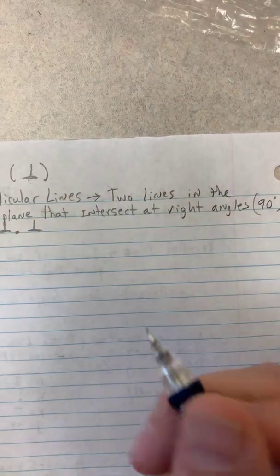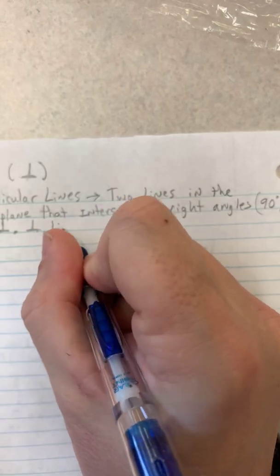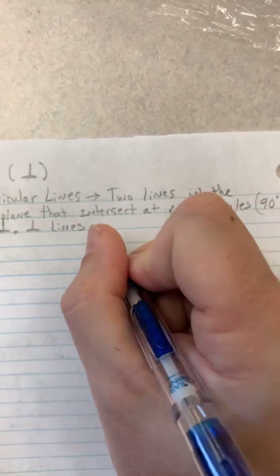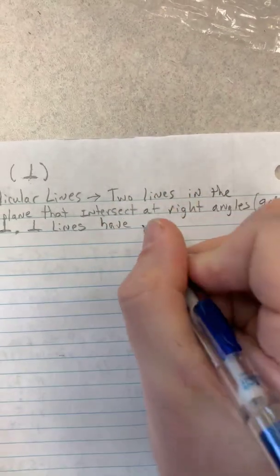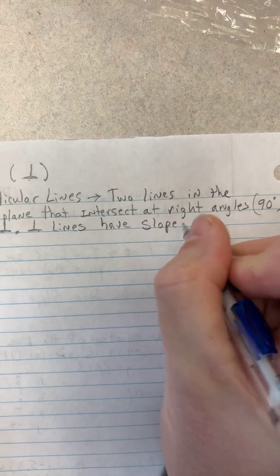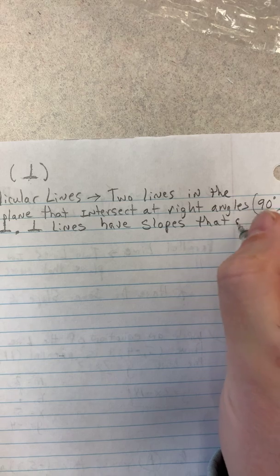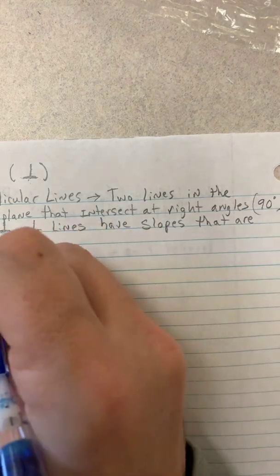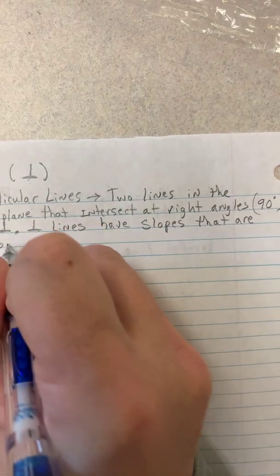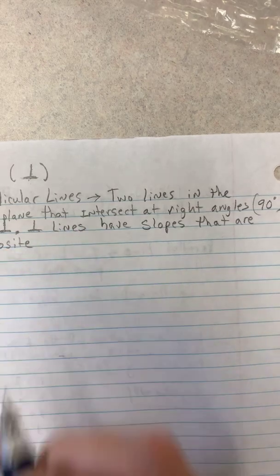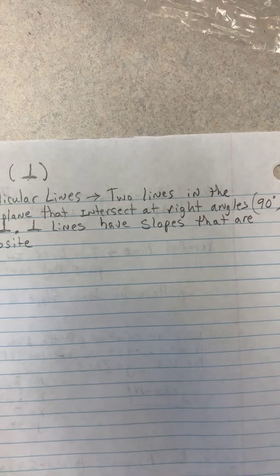Perpendicular lines have slopes that are opposite.